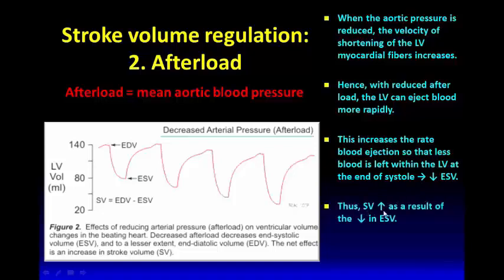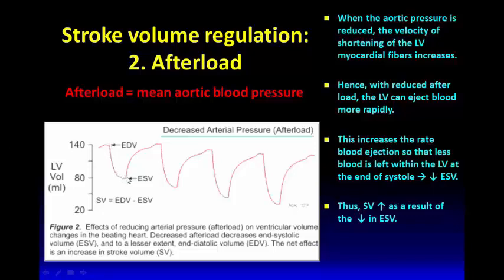Accordingly, stroke volume increases as a result of the decrease in the end systolic volume. This is the end diastolic volume with normal left ventricular afterload, and this is the end systolic volume with normal left ventricular afterload, and this is the ejected volume, the stroke volume.